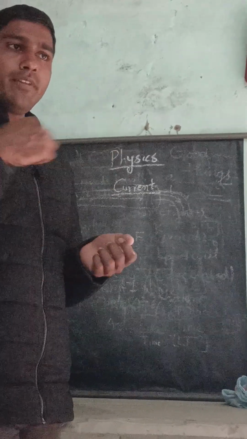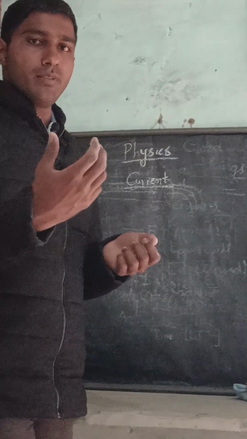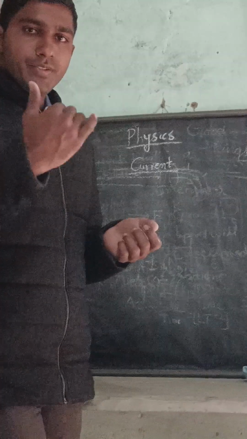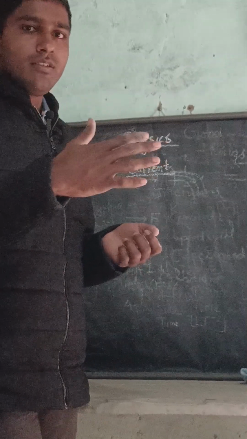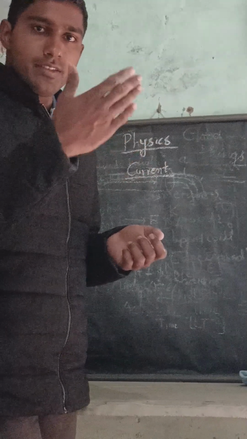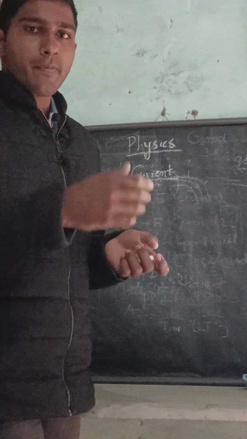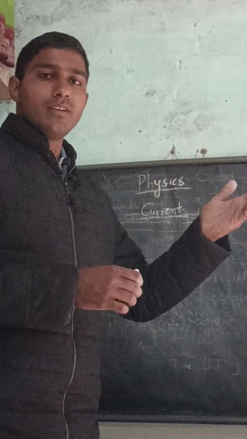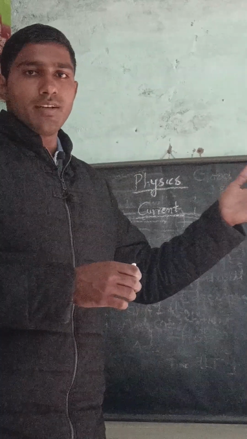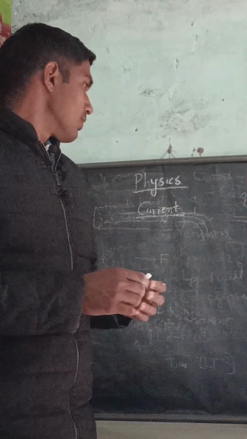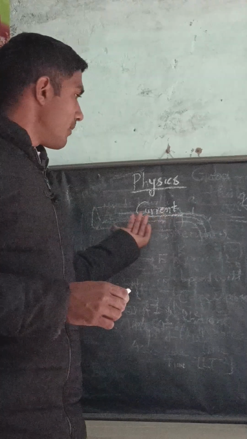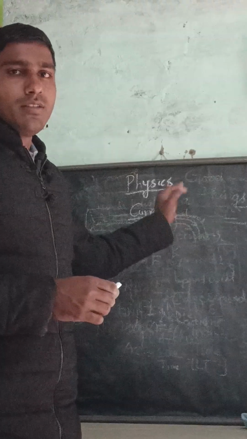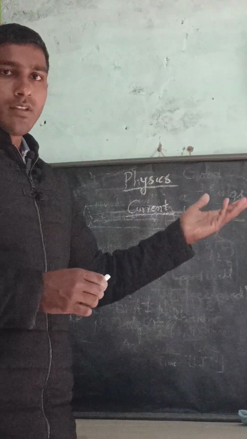But when you turn on the switch, you give them electricity. When you give them the current, they are aligned in one direction and start flowing, and this flow of electrons is called the current. So basically you become familiar with what current is. Current is the flow of charge.